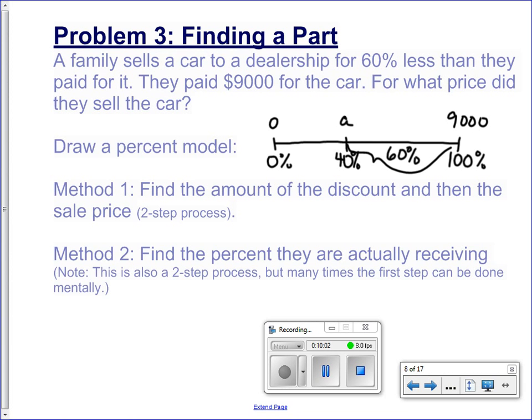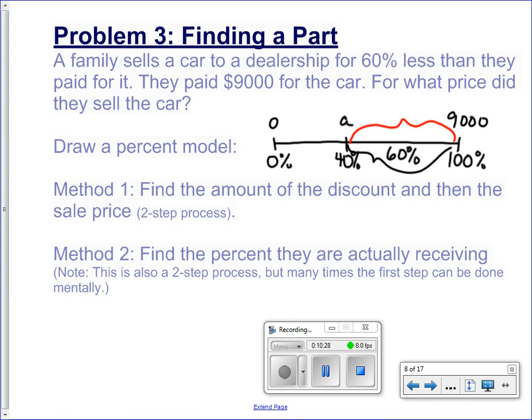The first method is a two-step process where we're going to find the amount of the discount, which would be the 60% right here, and then subtract it from the sale price. Or, subtract it from the original amount they paid for the car.